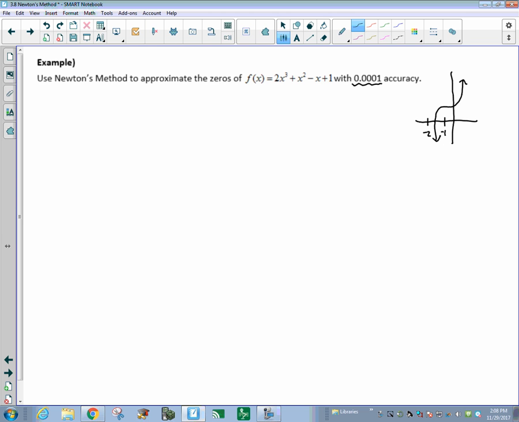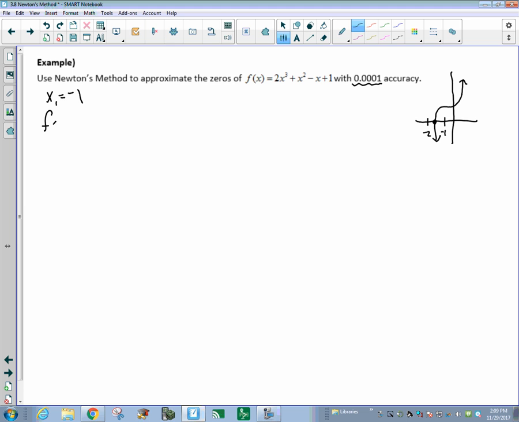And I'm looking for this value, and since I can't calculate it directly, you would graph this function on your calculator. But I have to pick some value, and it looks like -1 would be a good x sub 1 choice. So we'll call that -1.